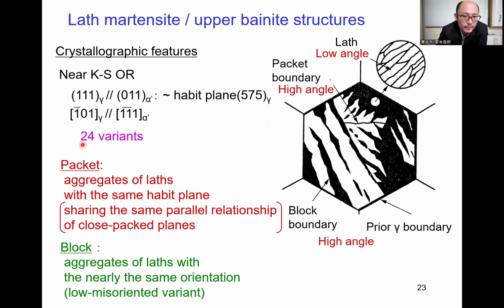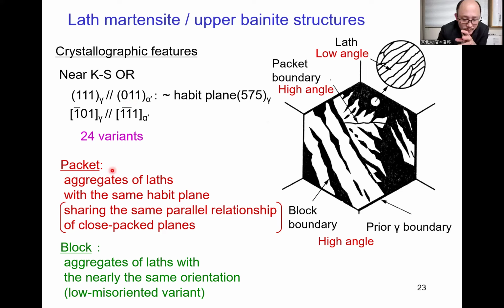And there are 24 variants, as I explained. And the single austenite grain is subdivided by the so-called packet. And the packet is the aggregate of laths with the same habit plane. So the habit plane is nearly parallel to the close-packed plane in parallel relationship.